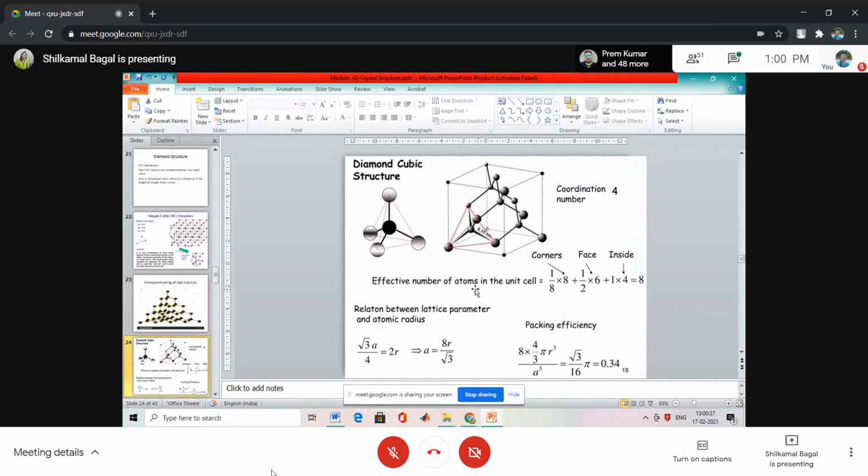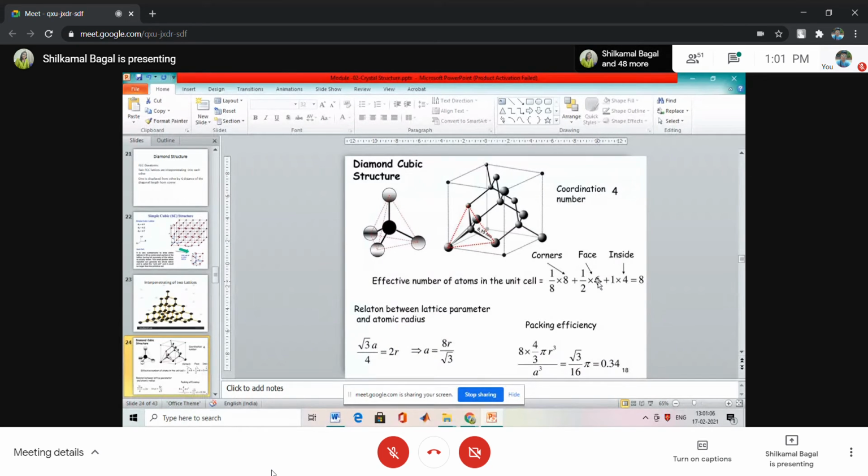Then remaining, see the total number of atoms in the unit cell. Per unit cell, how many atoms are there? Complete atoms. And this one we have calculated by this formula: 1/8 into the number of corner atoms, which are 8 here, same as that of SCC, FCC, BCC, plus 1/2 multiplied by the number of face centered atoms, and here there are 6 face centered atoms.